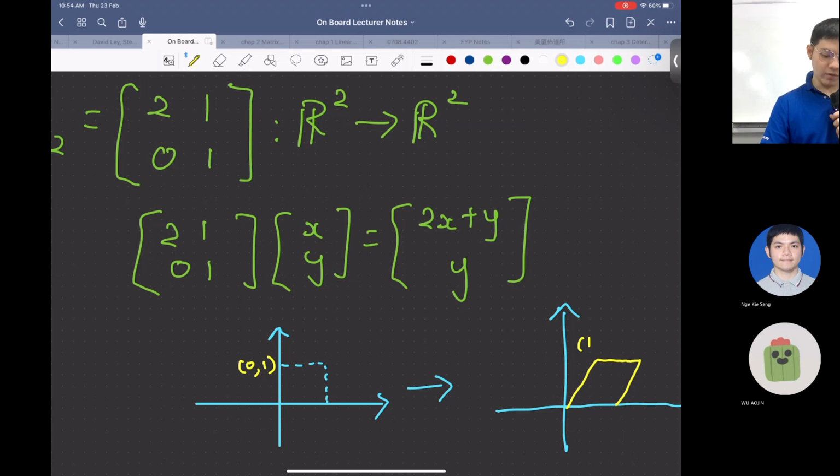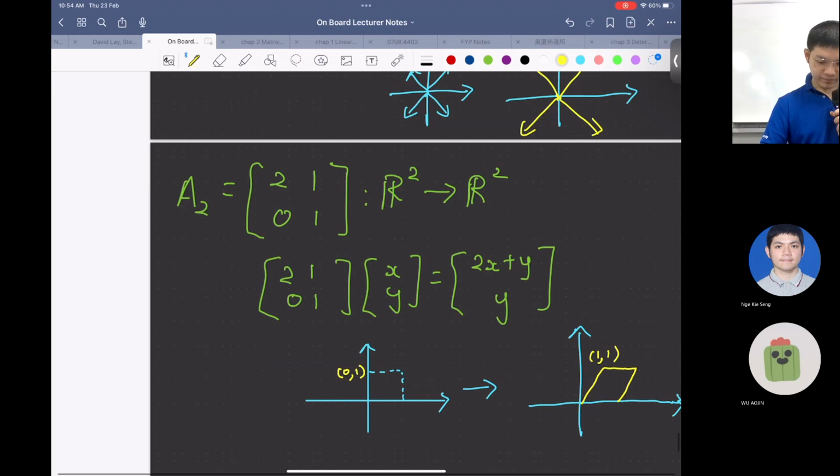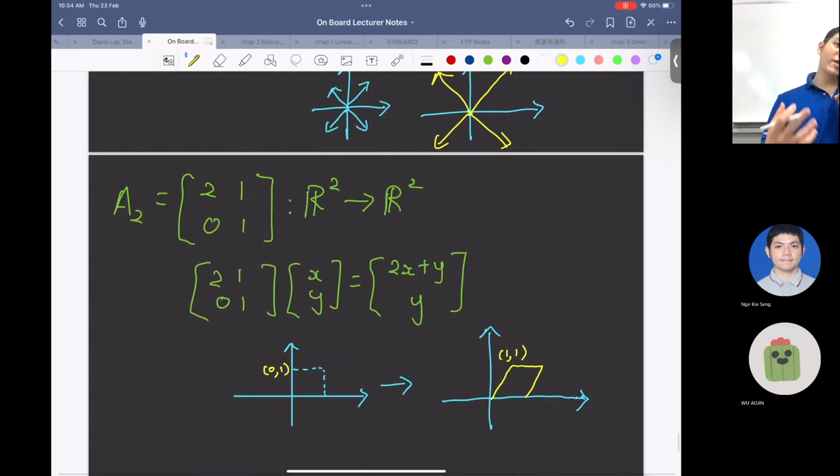So you might wonder if any vector gets scaled. In this case, 0, 1 is not scaled. It gets rotated. But any vector inside this plane gets scaled. Can you figure out what vector gets scaled in this case?